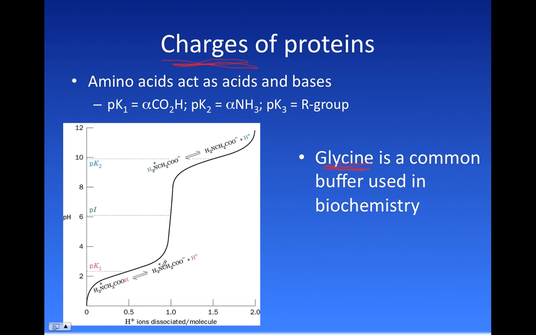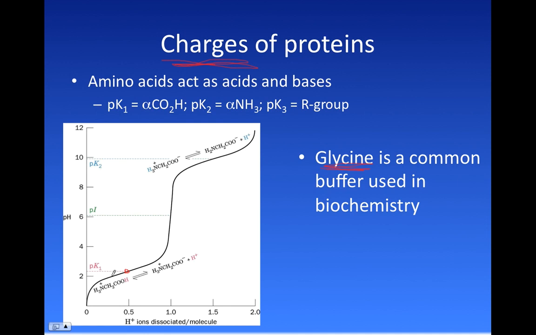This is an equilibrium between these two molecules, and that equilibrium can be described by a Ka value, and that Ka value has a particular pKa, right? Now, we know, according to the Henderson-Hasselbalch equation, that when we have an equal amount of the base and the acid, then the pH is going to be equal to the pKa. So if we think of this as the pKa value right here, we know that at that pH we have an equal amount of the acid and the base form.